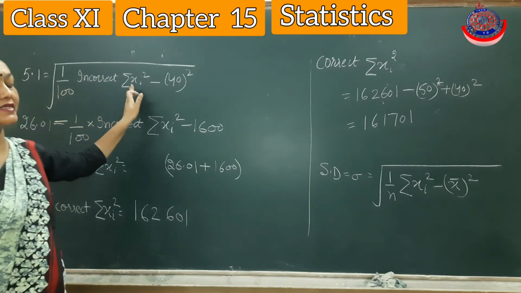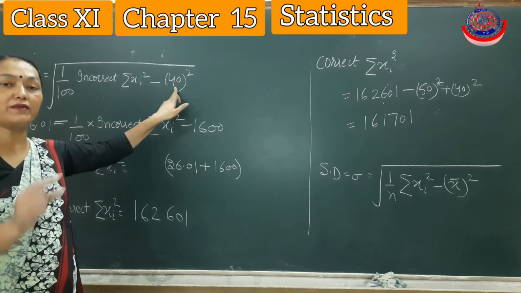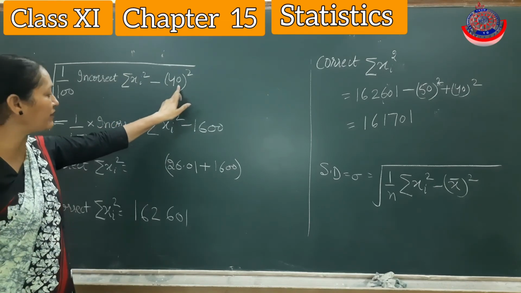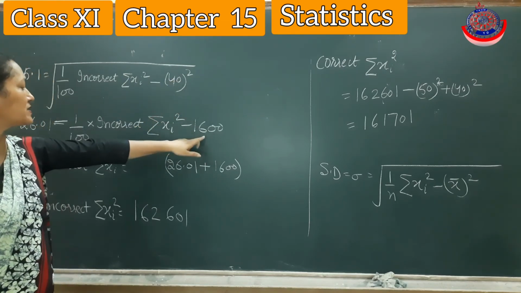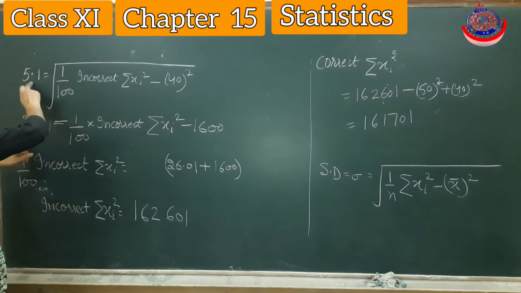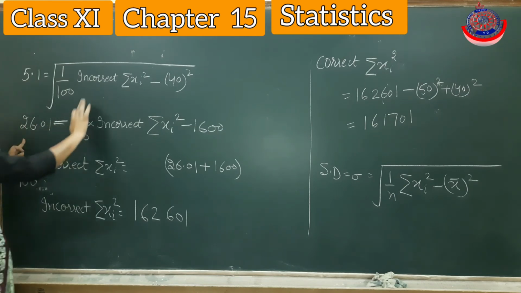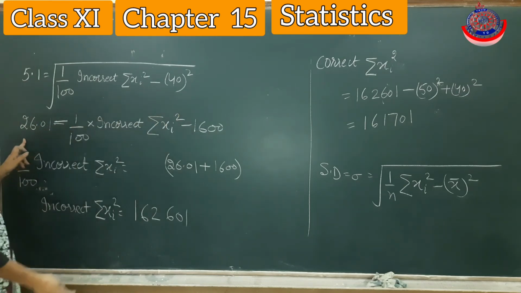So here this xi square will be the incorrect one only, and incorrect mean was 40. So we have filled the value of 40. 40 square is 1600. This 5.1 square, when we remove this root, it will become square this side. So square of 5.1 is 26.01.